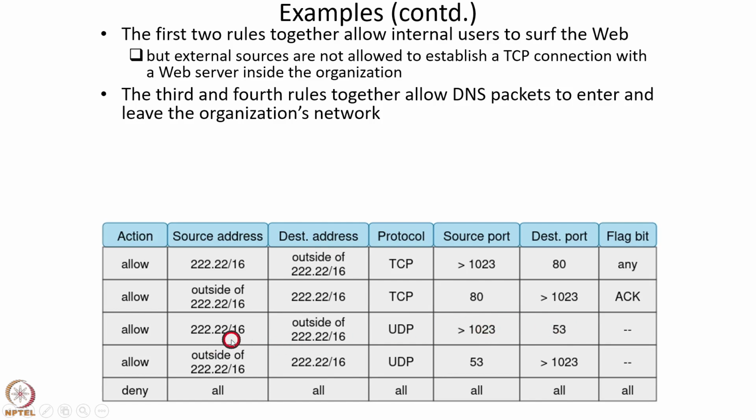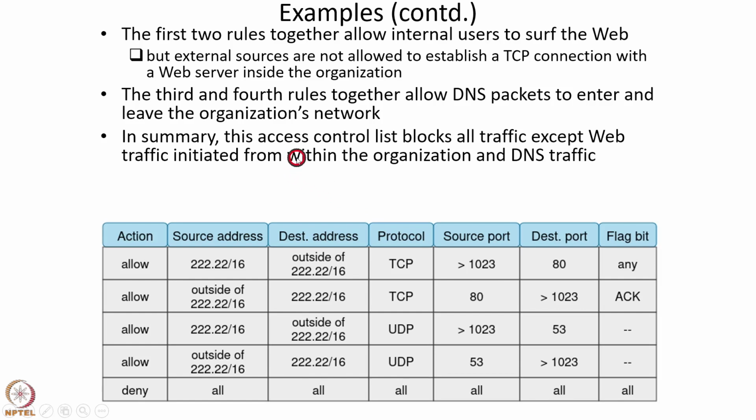So this DNS query will be passed by the firewall, and the response of the DNS server, which will be of this form, is also passed by the firewall. So these third and fourth rules together allow DNS packets to enter and leave the organization's network. In particular, they allow users from inside the network to query DNS servers and obtain the IP addresses corresponding to web page names.